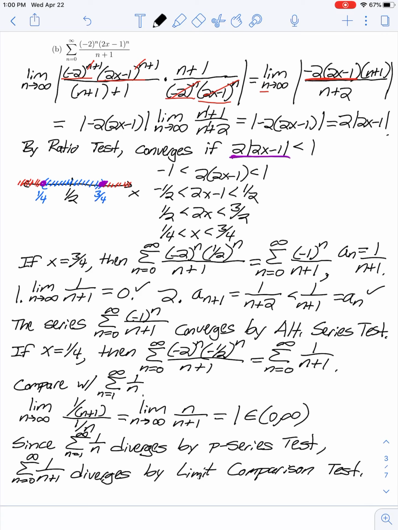So we had divergence at the left endpoint of 1/4.